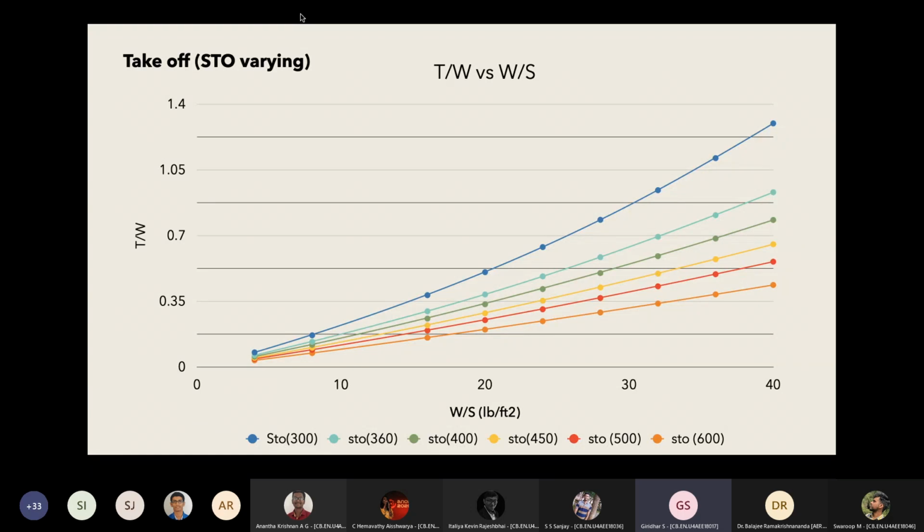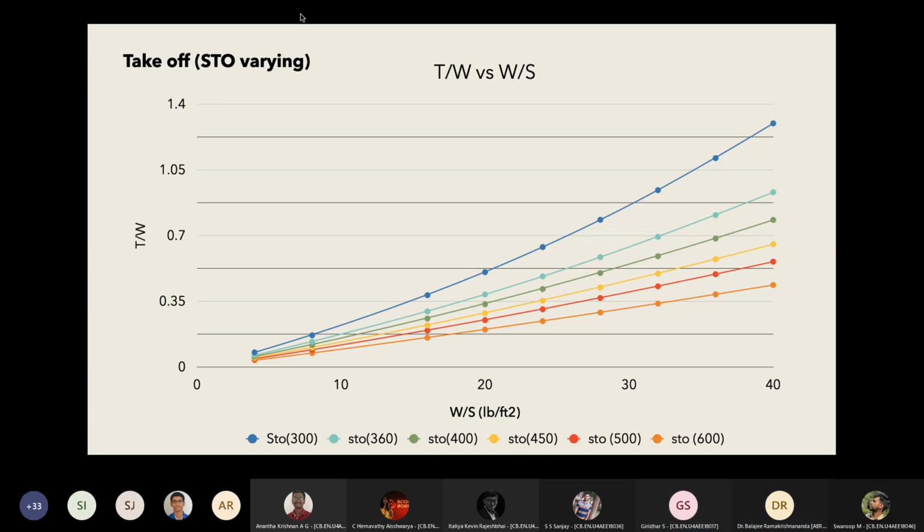So the feasible region is below 360 meters. Can you show on your graph the blue one? Top one or second one? Second from the top is 360, sir.